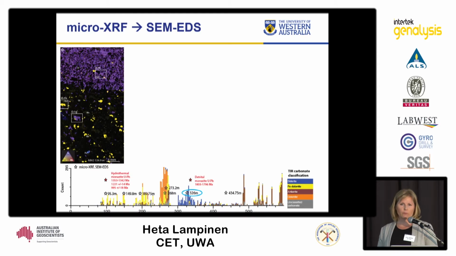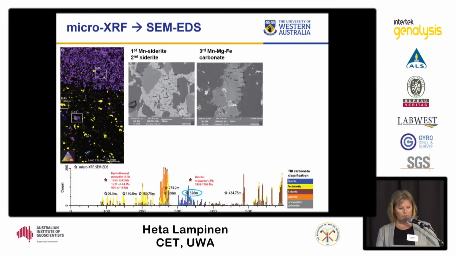The black stuff is mostly silica and a few feldspars. And here there is a magnesium-rich siderite, which I assume is the first generation. It's a magnesium-rich core, surrounded by a rim with more iron and less manganese.